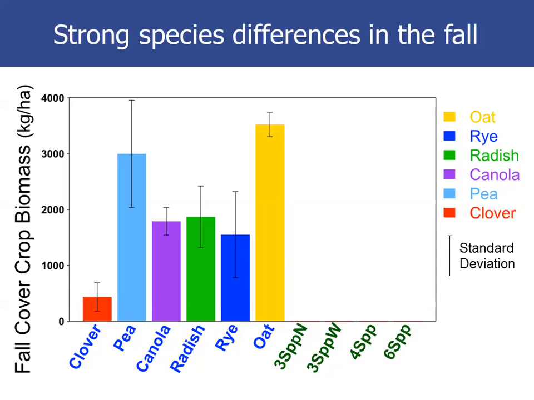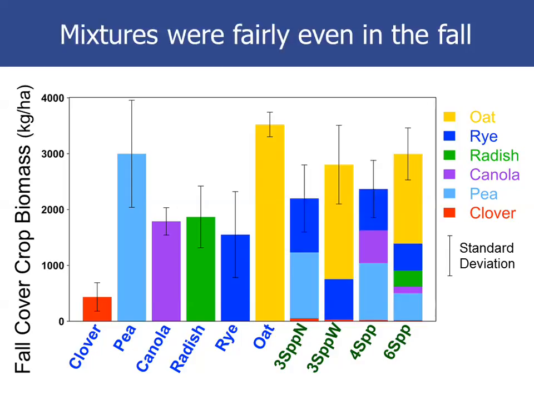In case you're not familiar with the species or the region, both the radish and the oat will winterkill for us, and the pea will winterkill if it gets too mature in the fall, if it starts flowering, or if the winter is just too harsh. If I add on the mixtures, you can see that the mixtures were actually relatively even in the fall.